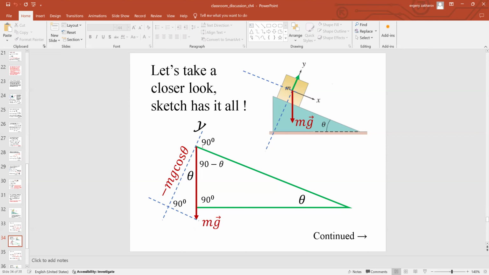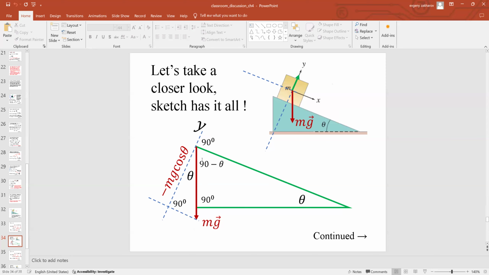So theta between the incline plane and the horizontal. Now we know that gravity would be perpendicular to the surface, so it's 90 degrees here. And then theta there, let's say this is 30, then what's the other angle? What's the remaining angle here?